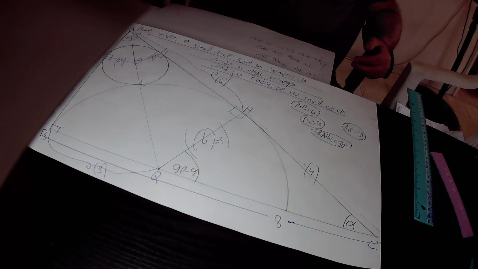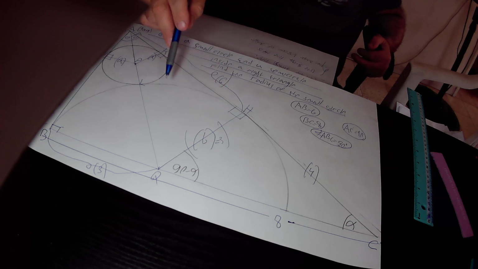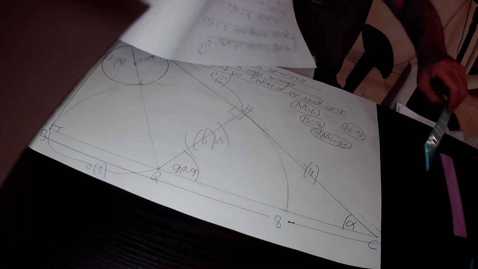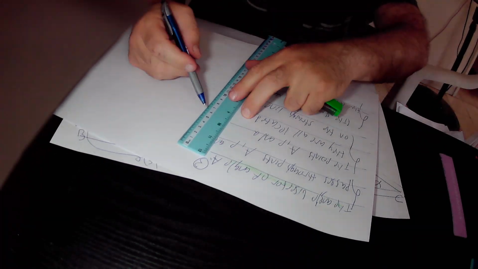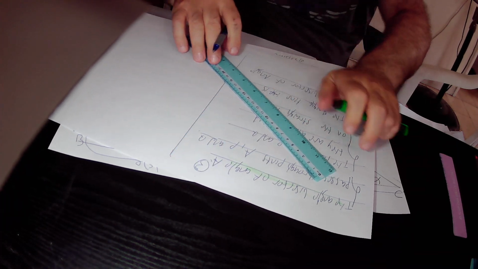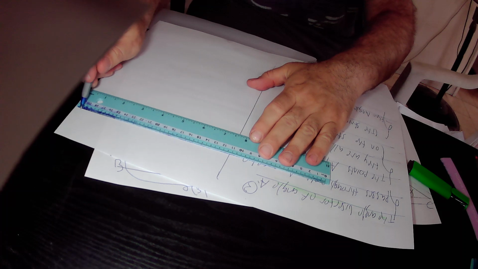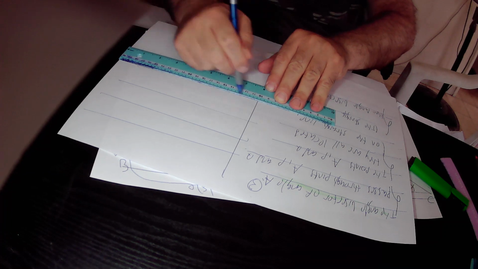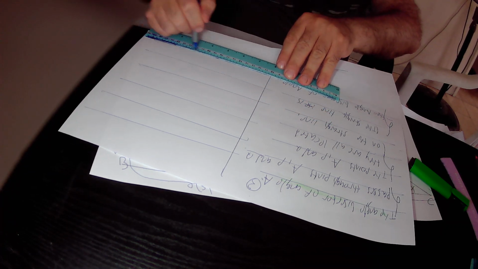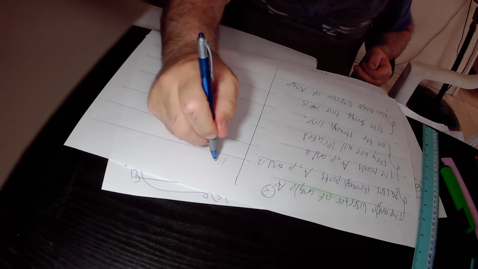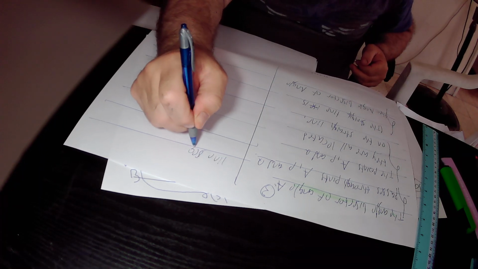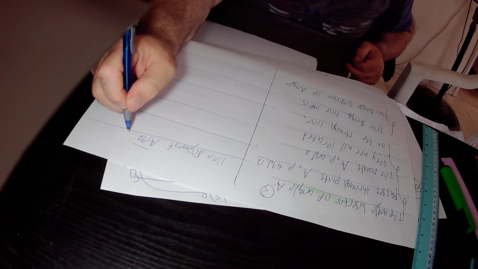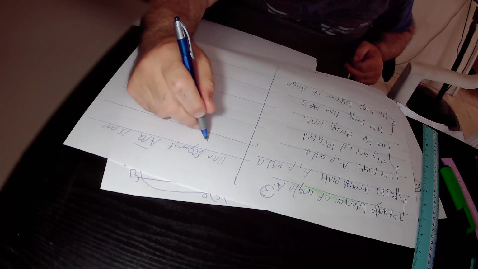So we found out that all the 3 points A, P and Q are located on the same straight line. So we can write down also that line segment APQ is one straight line. Again, line segment APQ is one straight line.